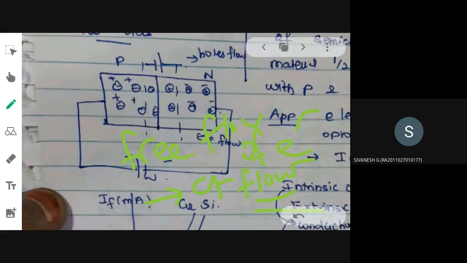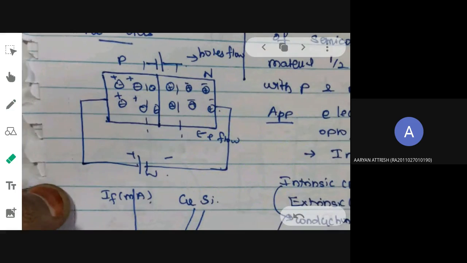Current flow means conduction. So in this forward bias, the device is conducting. This device will be conducting only under forward bias condition. Remember that. Have you understood how the operation happens under forward bias condition and what forward biasing is?